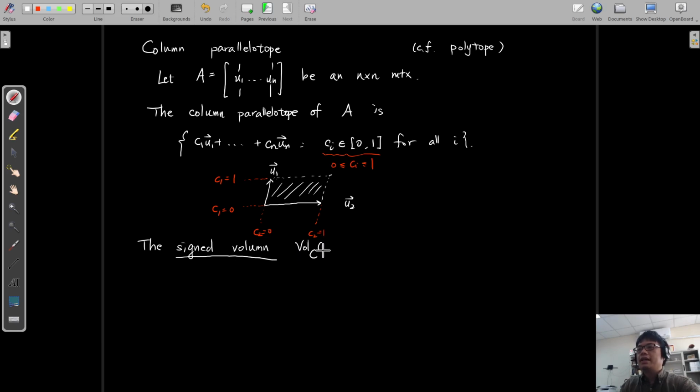The volume of the column parallelotope of A is defined by the following rules.